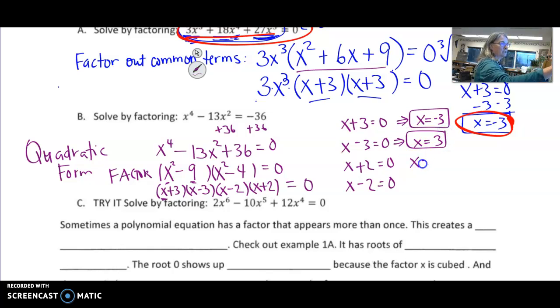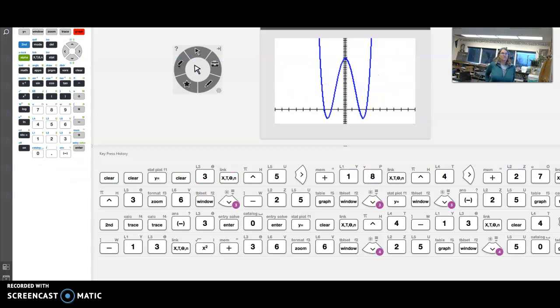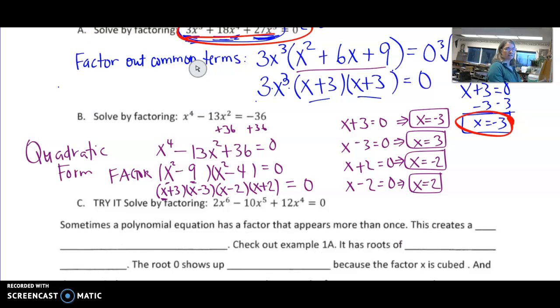Subtracting 2 from both sides gives x equals -2. And adding 2 to both sides gives x equals +2. So we have 4 zeros: x equals -3, +3, -2, and +2.